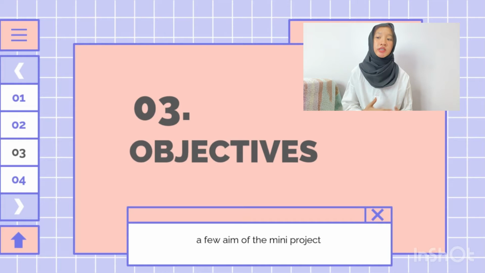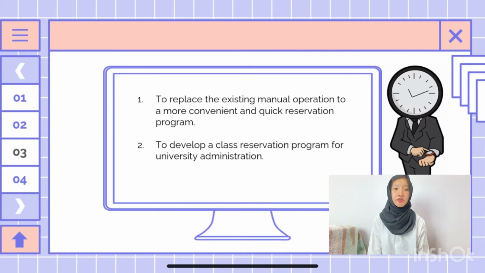I will be presenting a few aims of the mini project. The first aim of this project is to replace the existing manual operation with a more convenient and quick reservation program. So if a university were to use a manual system, we can replace that with this program, which is the Uni-Class E-Reservation Program, so the administrator can have a more convenient and quick reservation program for the students, lecturers, and staff.